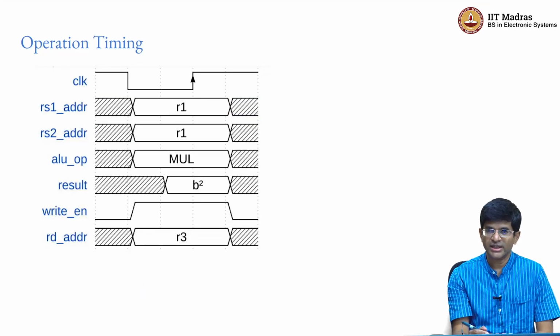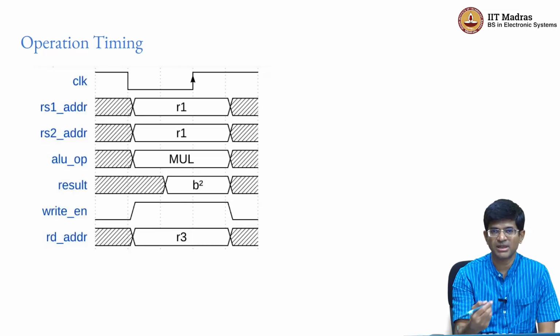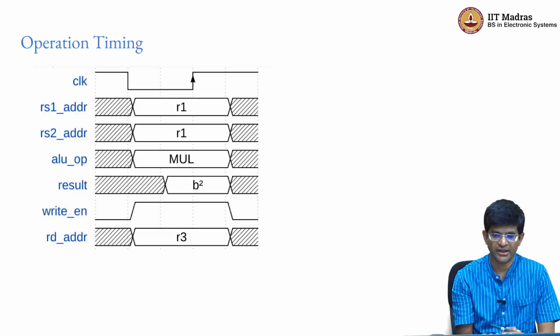Now let's look a little bit at the timing of all of these signals. What I mean by timing is these are after all digital logic signals, and they are produced by some kind of circuit activity.